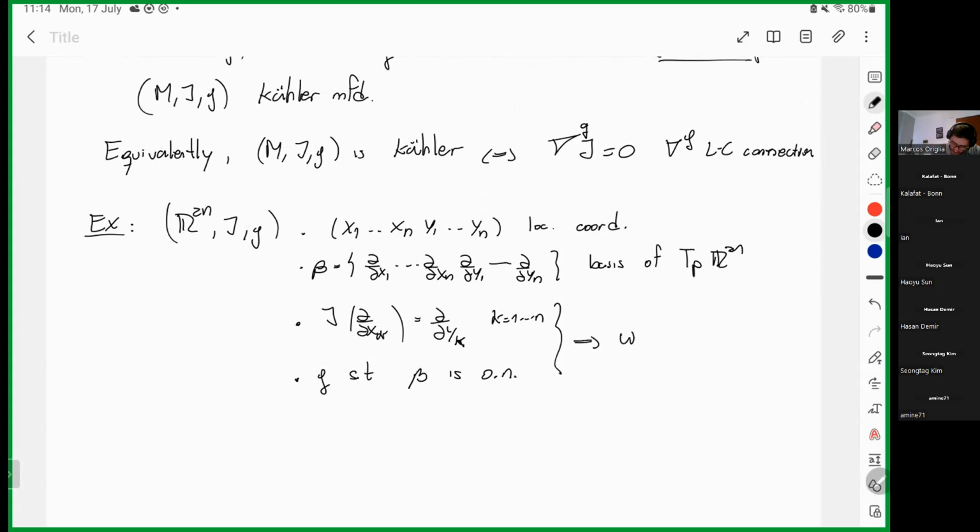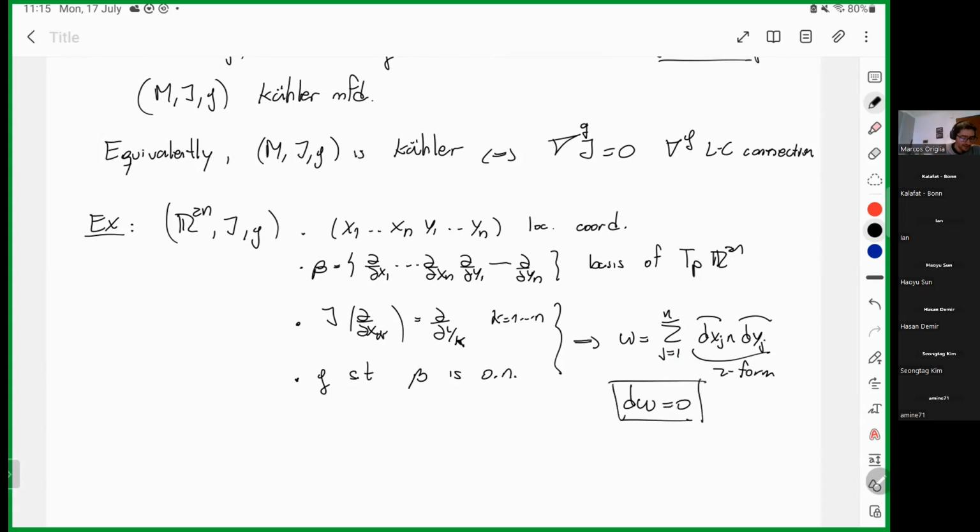With these two definitions, we can write down what the fundamental two form looks like. In this case, it's easy to see that omega is just the sum of dx_j wedge dy_j. Now we need to sum from 1 to n, right? So each dx_j is a one form, so this is a two form. This is a sum of n two forms. And of course, if you see how we define each dx_j wedge dy_j, it's immediate that omega is closed.